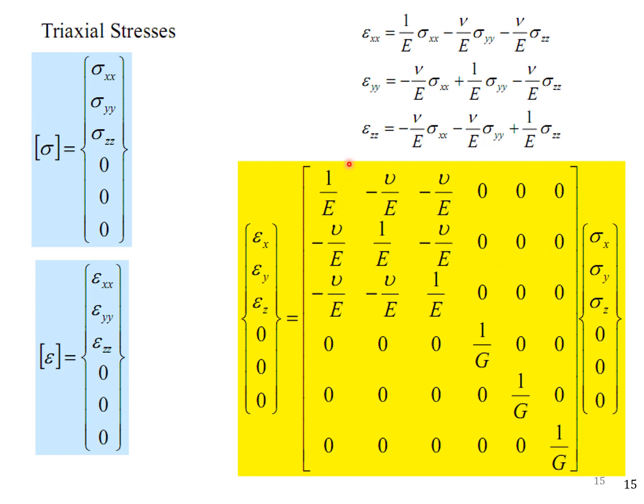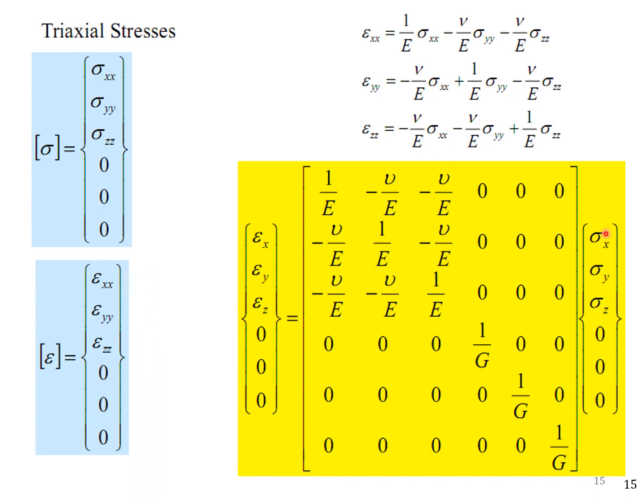For all the components of this matrix, we will calculate it using Hooke's law. What it says is that the constant will be equal to stress divided by strain. So the first component will be equal to this stress divided by this strain. The second component will be equal to this stress divided by this strain.